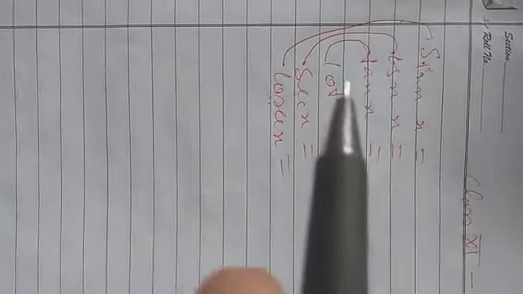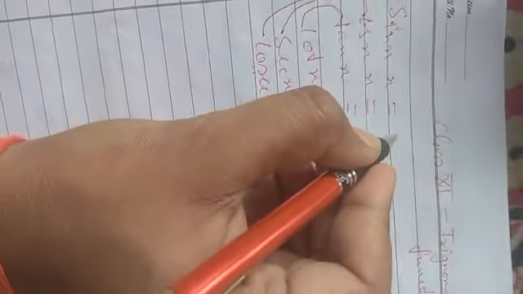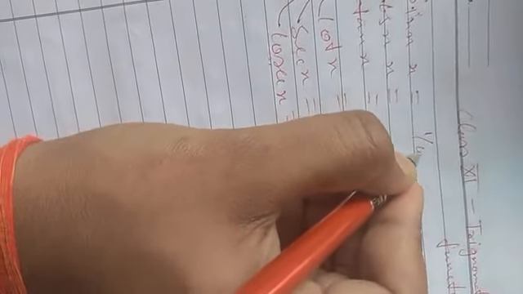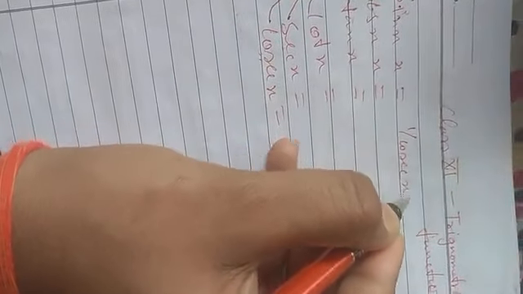After some time you will easily find that these are all correct, and you will get the proof in your mind. So we can write sin x equals to 1 upon cosec x.